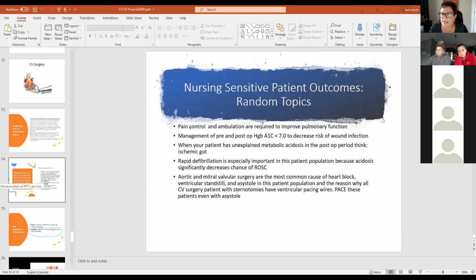Triple vessel disease and left main disease still remain the common reasons why people have cardiac surgery. We now do high-risk PCIs for some patients that are not surgical candidates, but we use a SYNTAX score. It's a special score that determines the severity of the cardiovascular disease, to decide whether they should have PCI or whether they should have surgery.